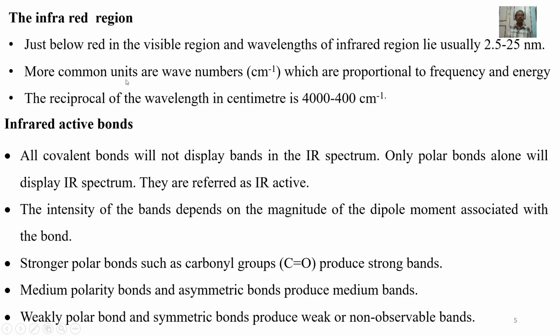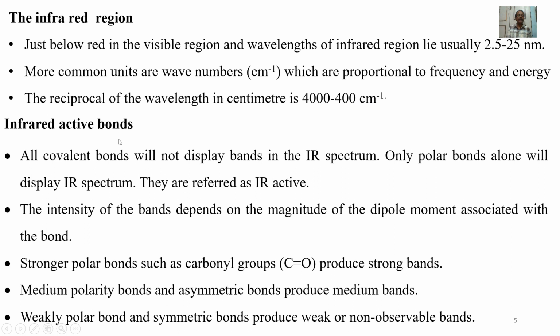More common units are wave numbers. The unit of wave number is centimeter⁻¹, which is proportional to frequency and energy. The reciprocal of the wavelength in centimeters is 4000 to 400 cm⁻¹.